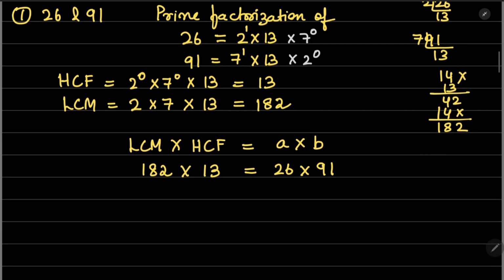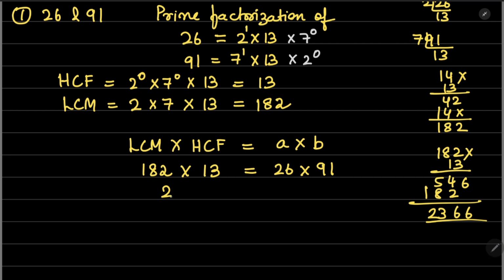So if you see 182 multiplied by 13, 3 2s are 6, 3 8s are 24, and then 56, 3. So you are getting 2366. Is it equal to 26 multiplied by 91?